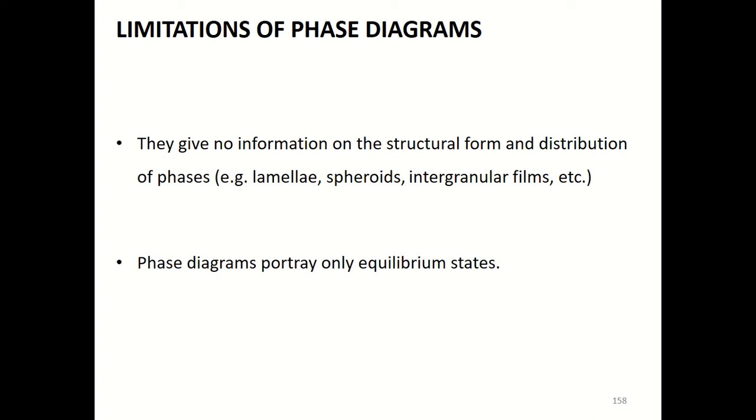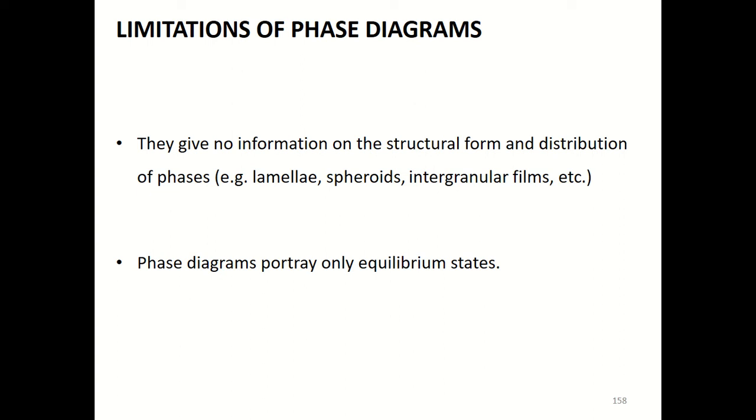The second limitation is that the phase diagrams portray only equilibrium states. Or in other words, the phase diagrams portray only very slow cooling rates. But this is not always true.